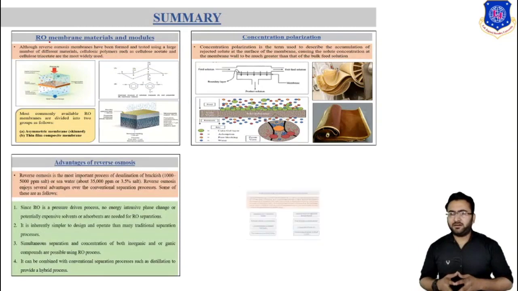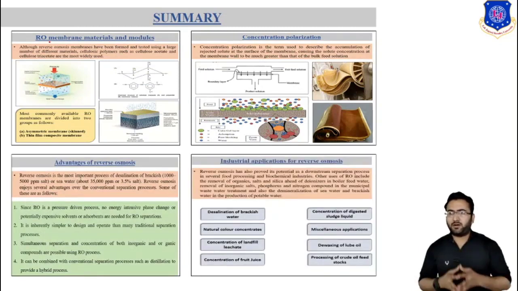In this lecture, we discussed reverse osmosis membrane materials and modules, concentration polarization, advantages of reverse osmosis, and industrial applications. Mainly we discussed membrane materials such as cellulose acetate and cellulose triacetate.